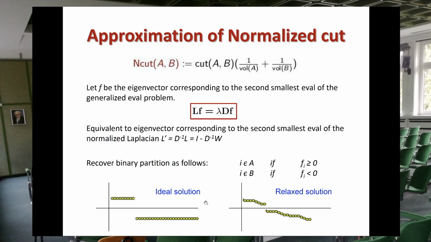If we compare the solution that we get with this relaxed problem, which is this one on the right, we will see that it is very similar to the ideal solution here on the left. How can we understand this plot? You will have one point, represented by this yellow circle, for every point in your data set.